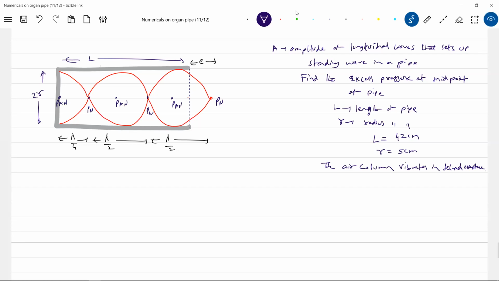The distance between adjacent node and antinode will be lambda by 4. So he is asking for the pressure here. The midpoint is mentioned. So what is the midpoint? L by 2. Exactly L by 2 is what? He is asking for the excess pressure.